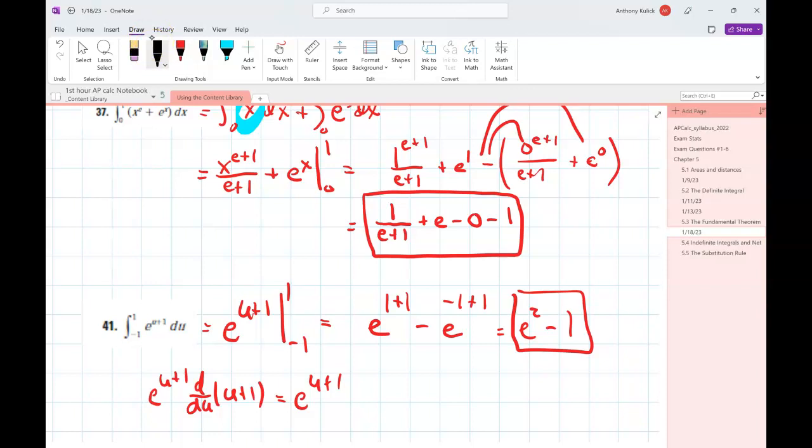What else do you guys have? Mackenzie? 5.2 number 25? Sure hope so.